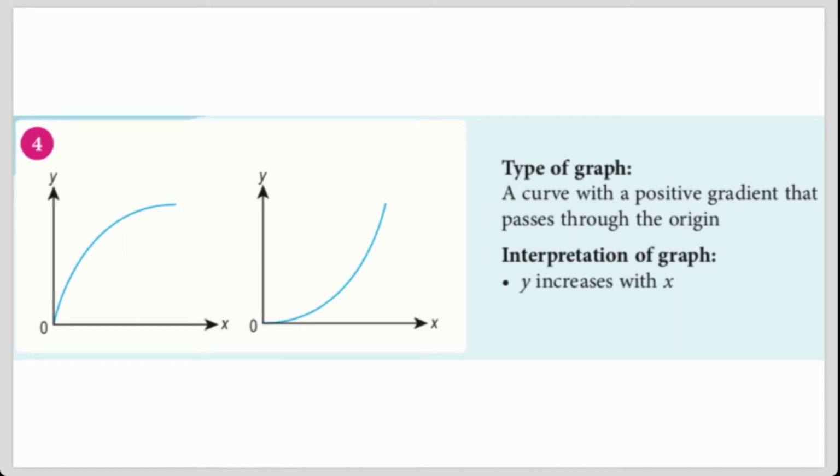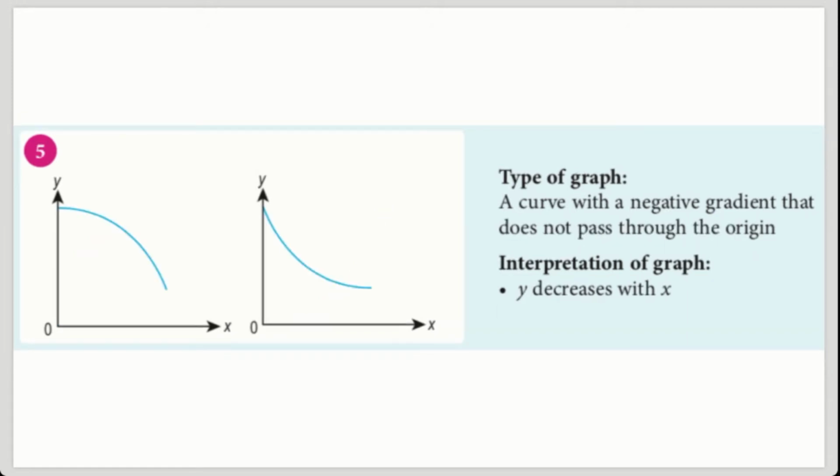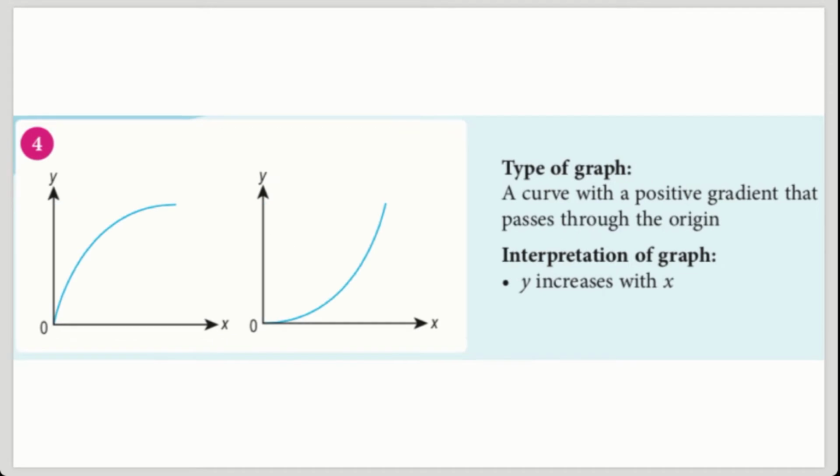Okay. Now, 4 and 5. So, 4 and 5 ialah di mana dalam satu graf ini, dia tidak naik dengan, I should say, graf ini tidak, dia bukan garisan lurus. That's the first one. Kedua ialah, dia bukan garisan lurus dan it may or may not pass through the origin.